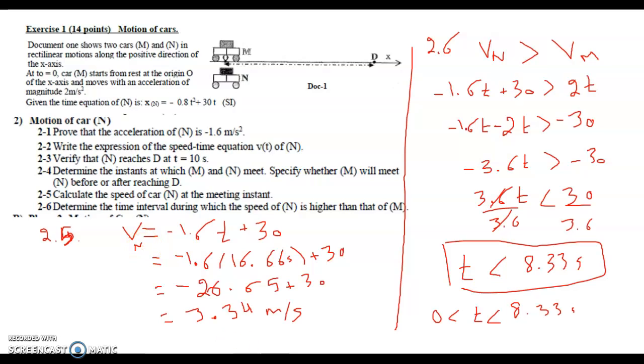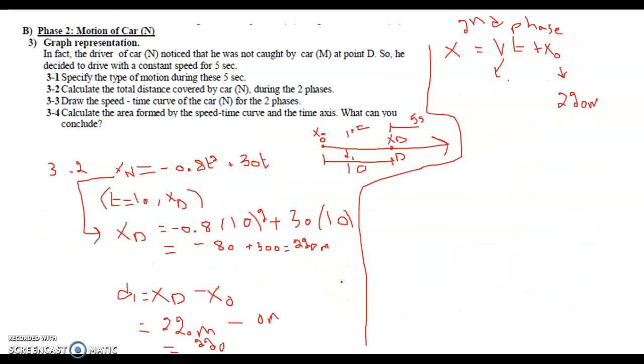So from the first phase we have that V equals minus 1.6 t plus 30, and D belongs to the first phase because it's the last position of the first phase.